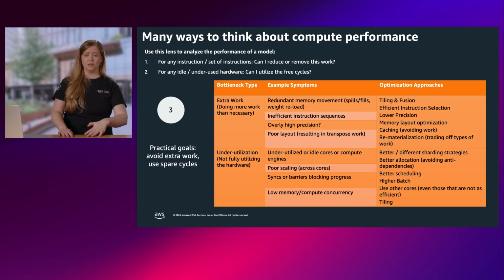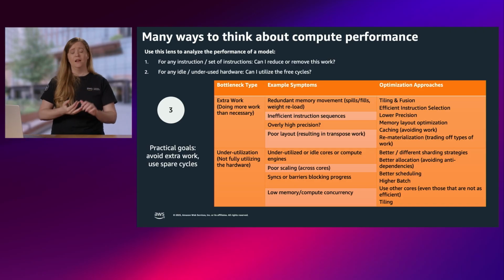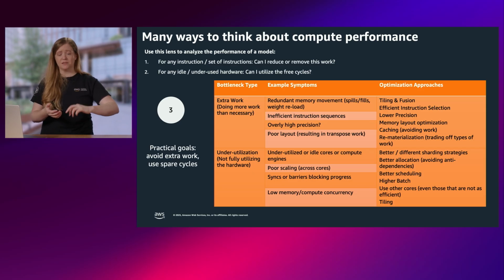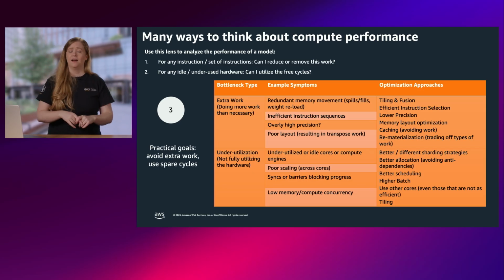You might have really low memory utilization, etc. For each of these symptoms, there are common optimization approaches like better scheduling, better sharding strategies, better allocation on the chip itself, again tiling, higher batch sizes, etc. So those are some common ways to think about reducing the extra work and better utilizing the compute: finding spare cycles and using those spare cycles.